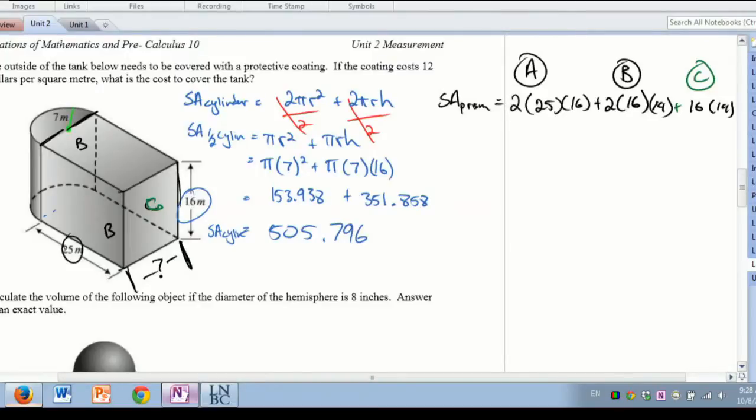So I'm going to do all that math, add it all up. 2 times 25 times 16 plus 2 times 16 times 14 plus 16 times 14. 25 by 16, 14 by 25. Should be a 25 here.